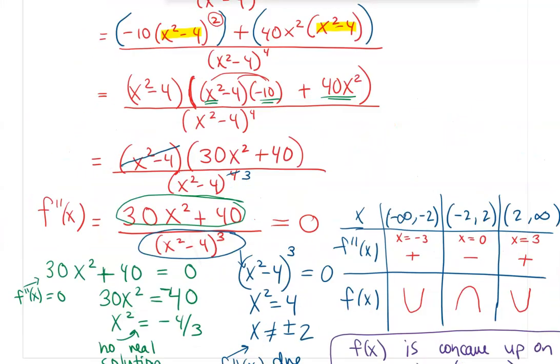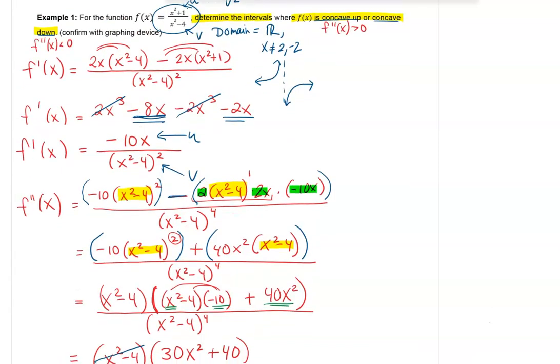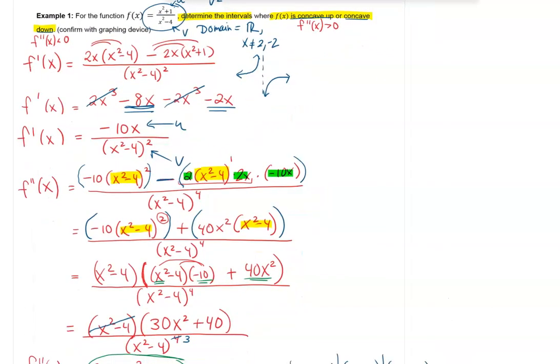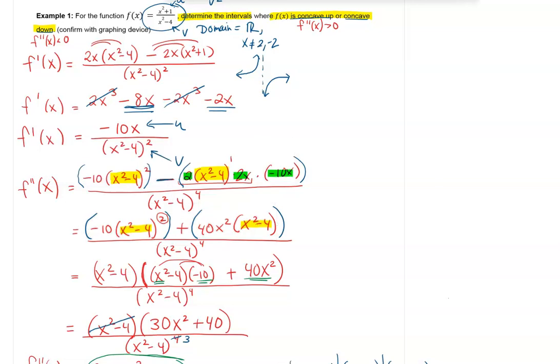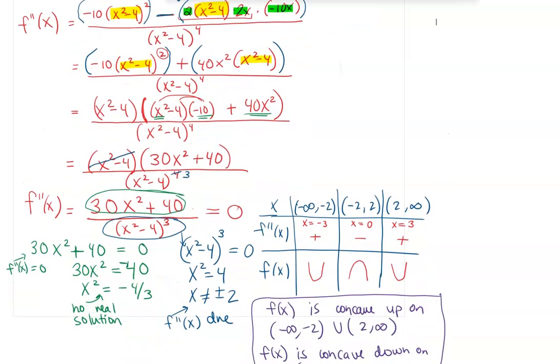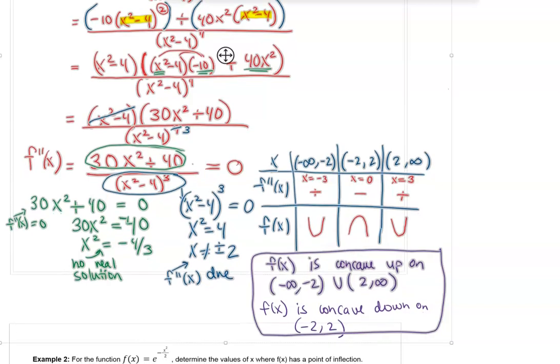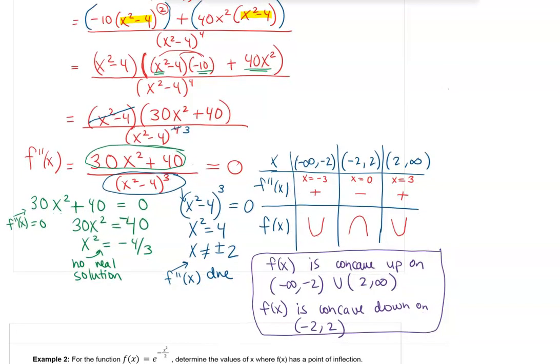So to recap, basically what I had to do, I had to first find the first derivative, and then take the derivative of that to find the second derivative, which was all of this part. I then had to find places where the second derivative was either equal to 0 or where it didn't exist. So that was what these two things were looking for. The only points I found were positive and -2. The second derivative didn't exist there.